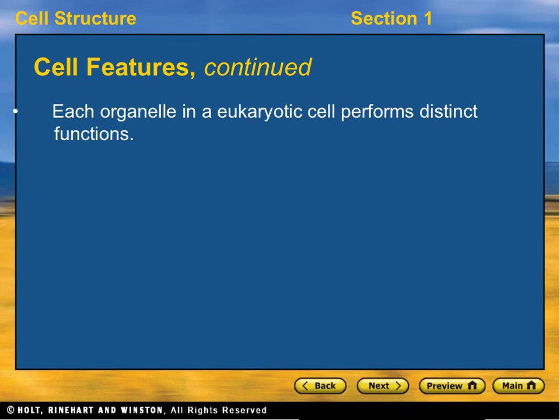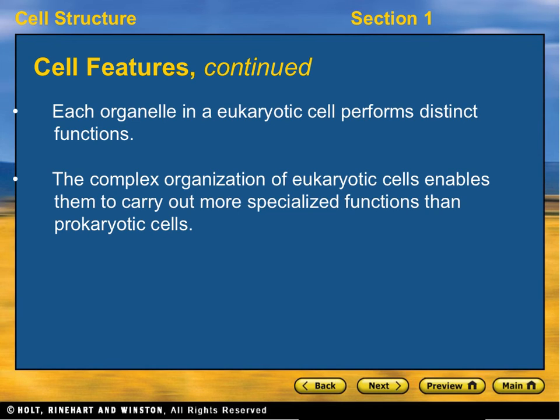Each organelle is going to perform a very distinct function within that cell. And it's the complexity of the eukaryotic cell that enables them to carry out very specialized functions, which a prokaryotic cell can't do because it doesn't have the complex system that a eukaryotic cell does.